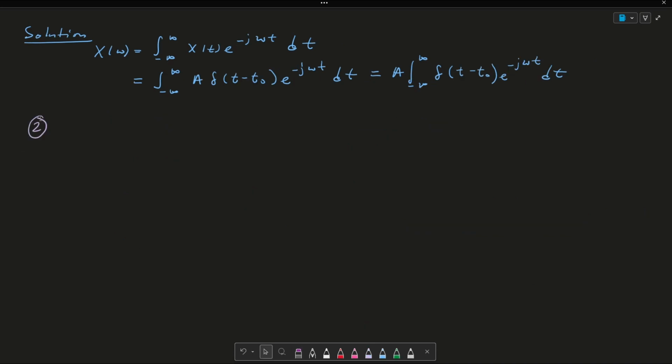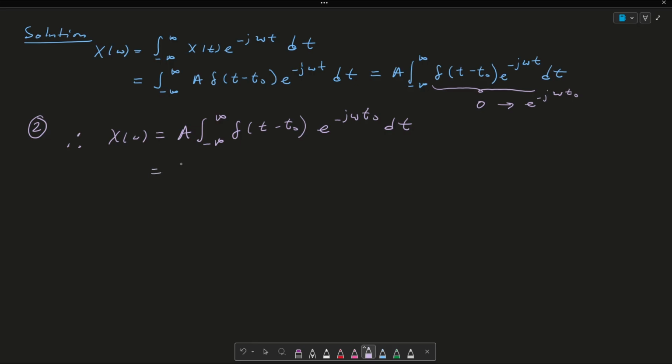Now the second way to do this, which again can be intuitive, is to say that if we multiply this by this, basically using the equivalence property, everything is 0 except at e to the minus j omega t0. Therefore, X of omega is equated to A integrated from negative infinity to infinity of delta(t - t0) e to the minus j omega t0 dt.